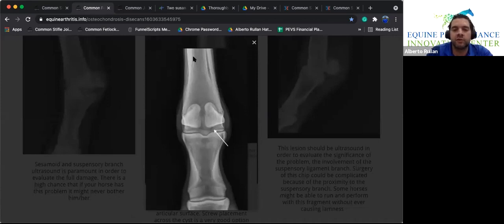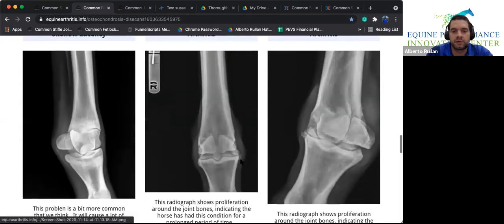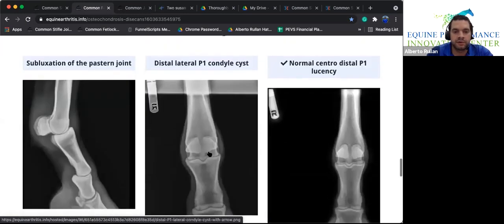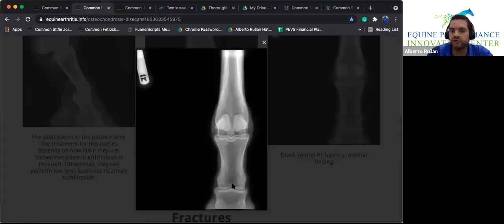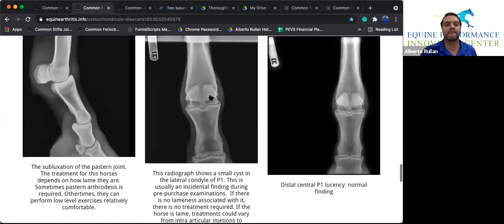Remember, this is why we read the whole X-ray. We go here, condyle, sagittal ridge, condyle. Oops, there's a cyst over here. And then we have arthritis. And many more. This is one of the ones that I was telling you about, the lucency in the distal P1. These lucencies are not necessarily cysts. They could be normal findings.